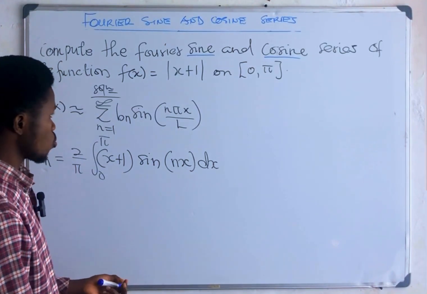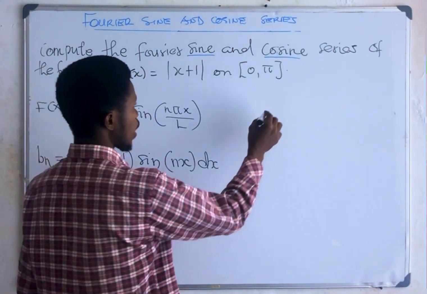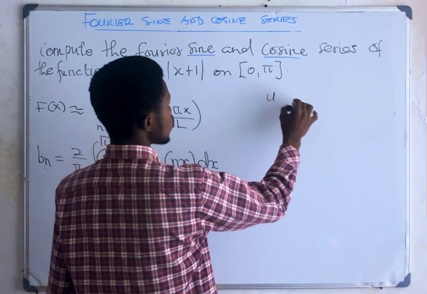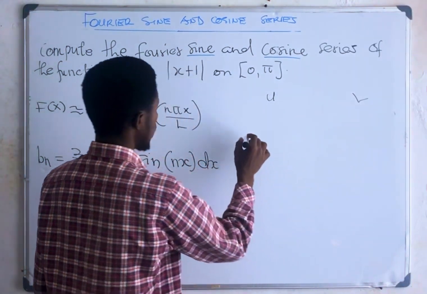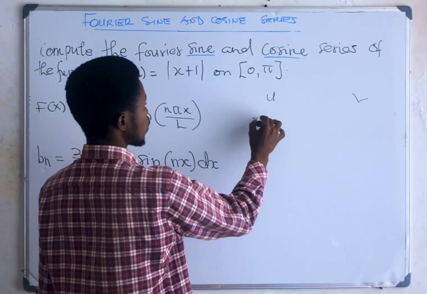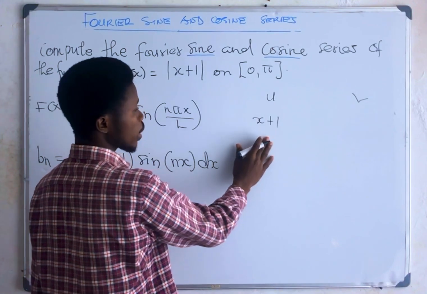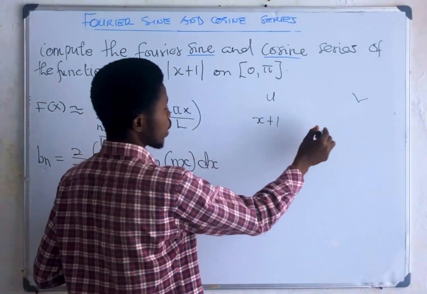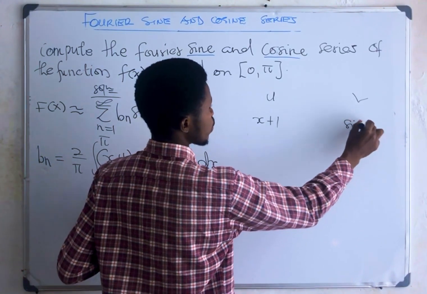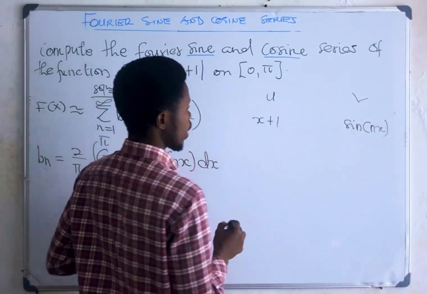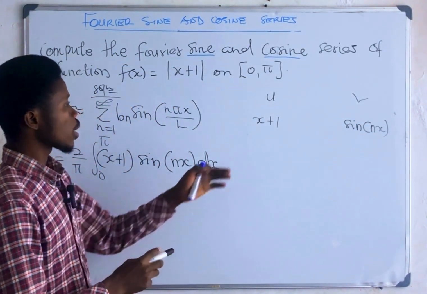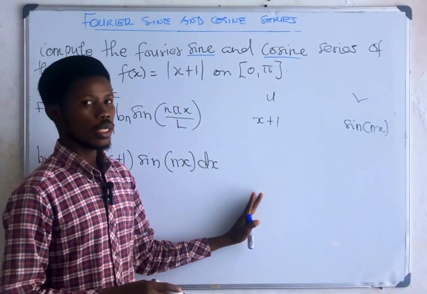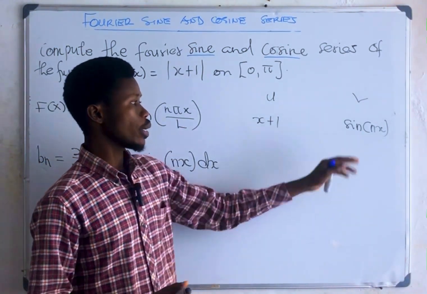I told you that I use u and v. The one that can easily terminate to 0, we put that one as the u side. The one that cannot be terminated, you put at the v side. The u side is where we differentiate, and the v side is where we integrate.